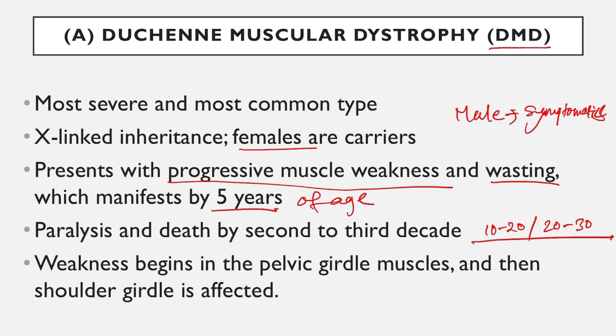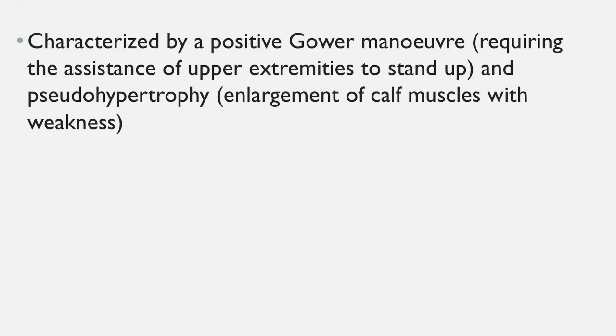Weakness begins in the pelvic girdle muscles and then the shoulder region is affected. DMD is characterized by a positive Gowers maneuver sign, in which upper extremities are used to stand up, and pseudohypertrophy, which is represented by the enlargement of calf muscle with weakness.